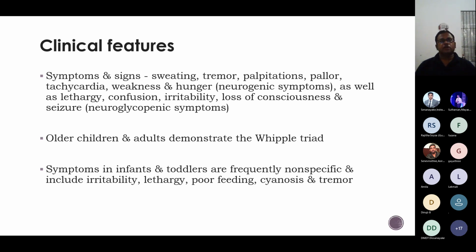Older children and adults will demonstrate what we call Whipple's triad, which we will discuss later. Symptoms in infants and toddlers are frequently non-specific and include irritability, lethargy, poor feeding, cyanosis, and tremor.